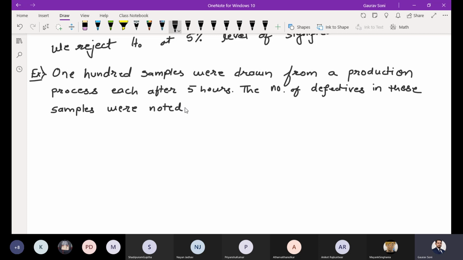A Poisson distribution by estimating the parameter m was fitted to this data.